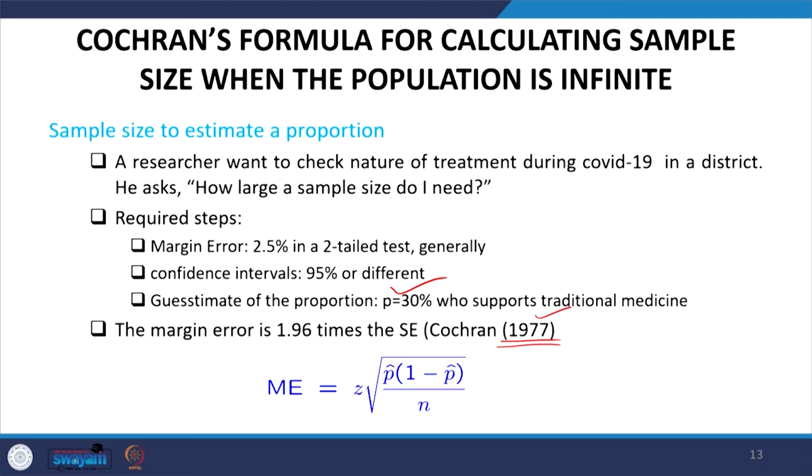How much percentage does the researcher want to check for the nature of treatment during COVID-19 in districts? It might be the case that the treatment is taken by 30% of the population. Some guesstimates would be taken, or based on certain literature, certain ideas, we can take the p value. So, based on that the margin error is calculated. Likewise, we did before.